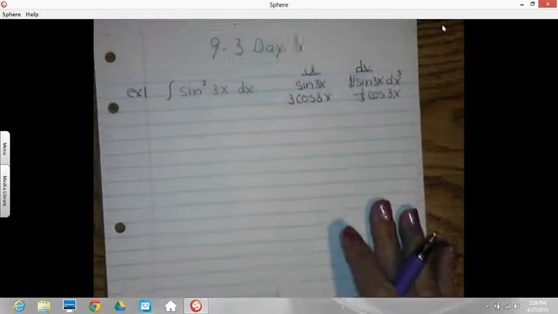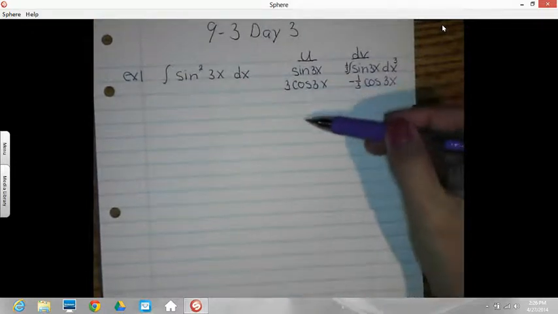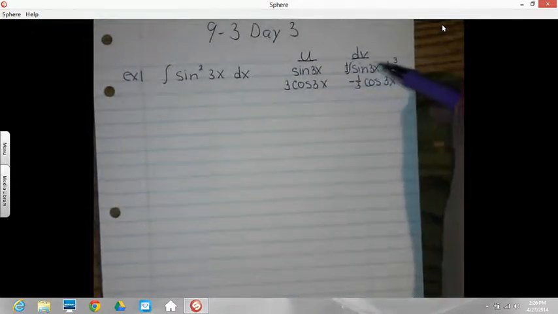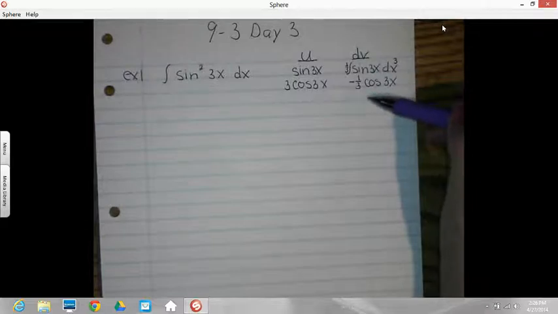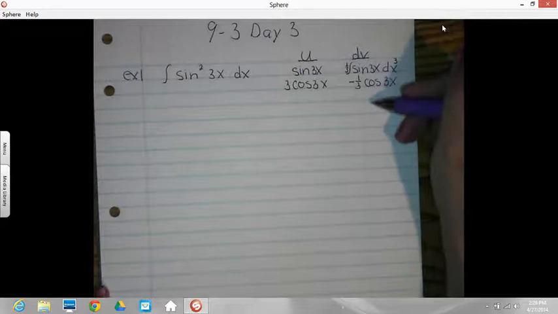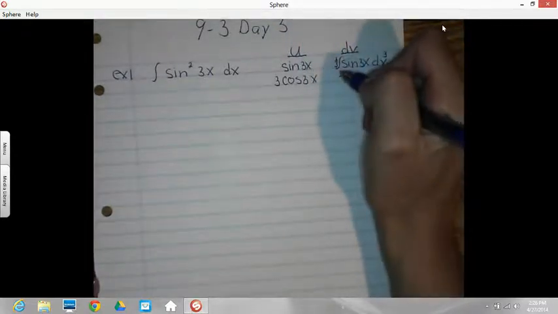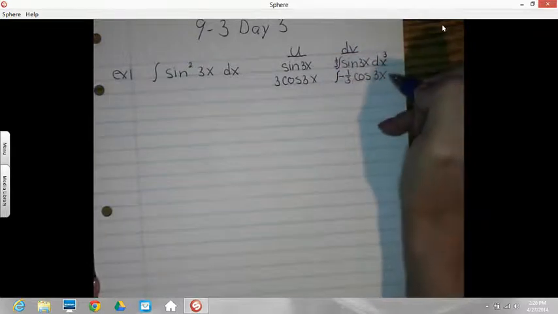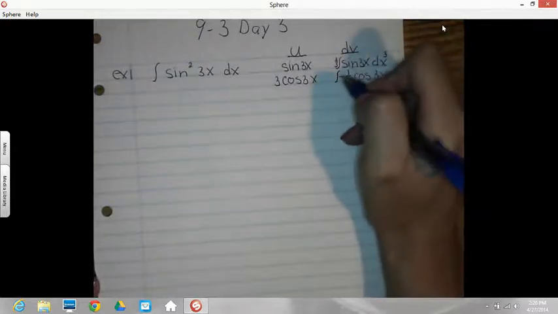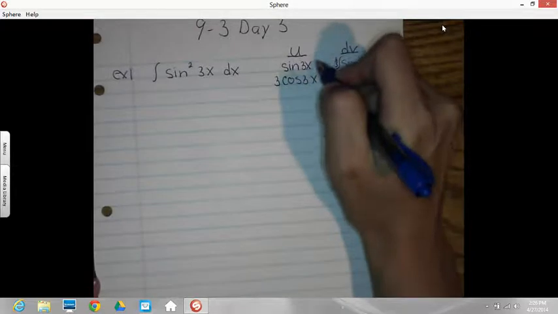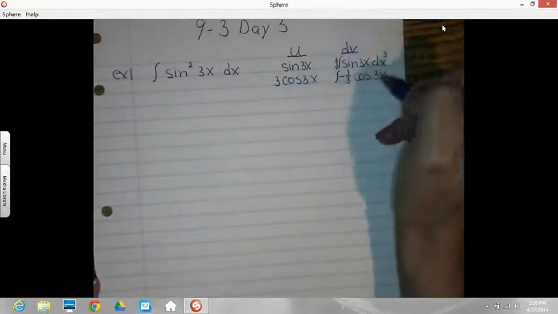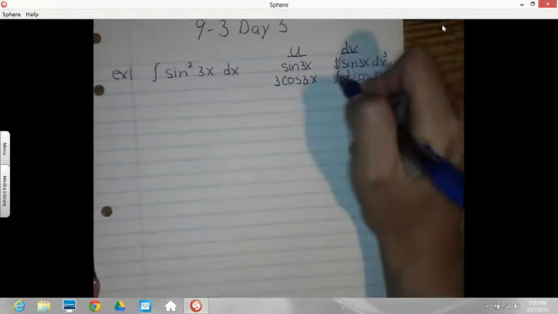Okay, and this is never going to get to 0. So again, our trick so far to date was to keep integrating this until the original reappears. So let's bring sine back. So that means we're going to go one more time here. So if I integrate, I need the 3 here and another 1/3 here. I'm not going to write it down, so when I do my cross products, I don't include that, but I'm going to keep it in my head. So there's a 1/3 here times the negative 1/3 here.